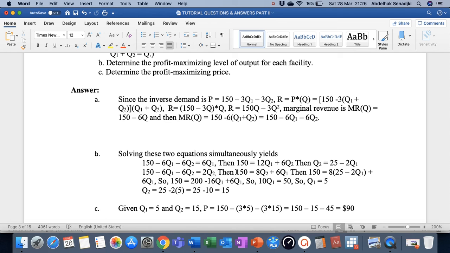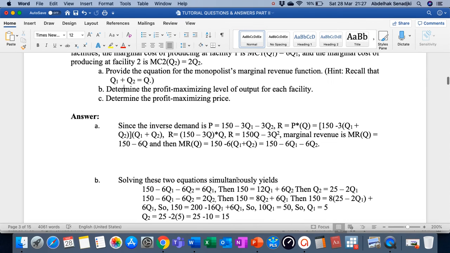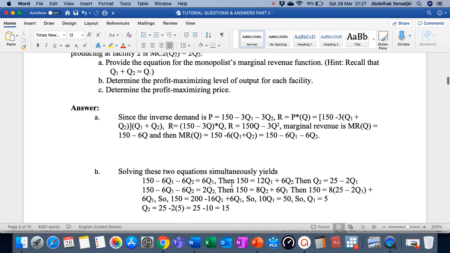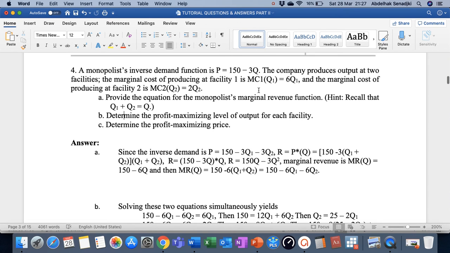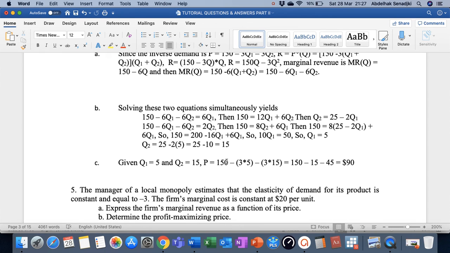Then now part C: determine the profit maximizing price. Since we have Q1 equals 5, Q2 equals 15, our P equals 150 minus 3Q, right? And Q is Q1 plus Q2, right?